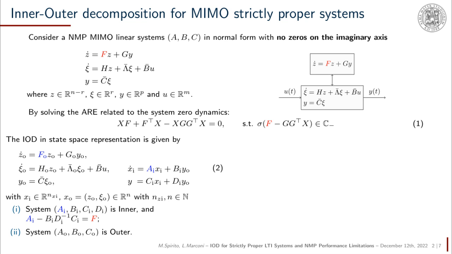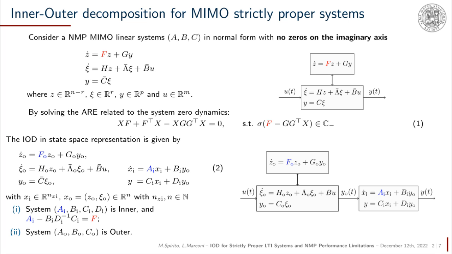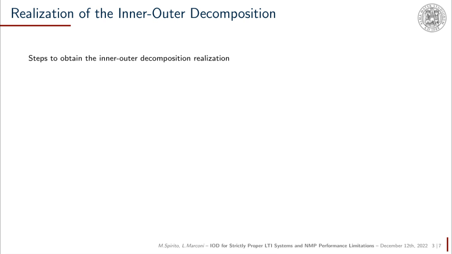This will give us the inner-outer state space representation, here reported in equation 2, where the system on the right is the inner system and the remaining part of the dynamics is the outer system. The equivalent cascade representation is reported here on the right side.